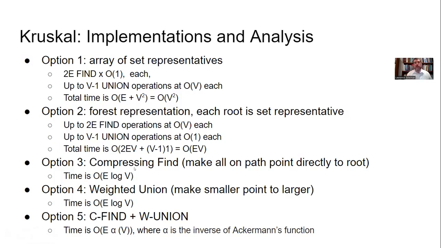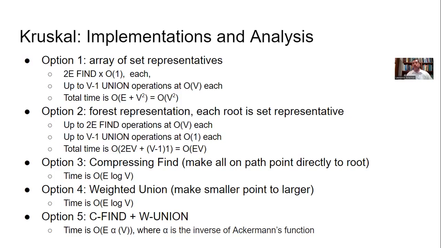Weighted union says if I have 2 trees and I need to merge one with the other, don't do it arbitrarily. Always make the smaller one point to the larger one because that will not increase the height overall, right? Everyone get that? So if I have 2 trees, one tree has a height of 10 and the other tree has a height of 3.